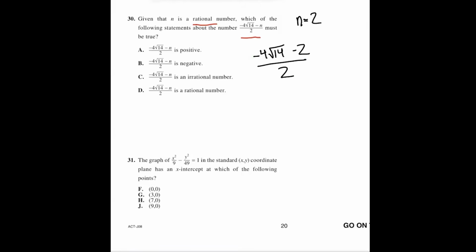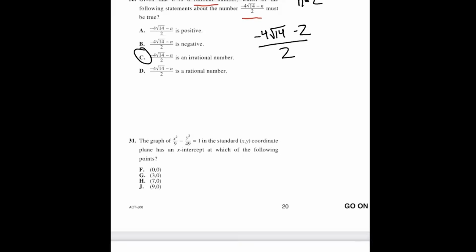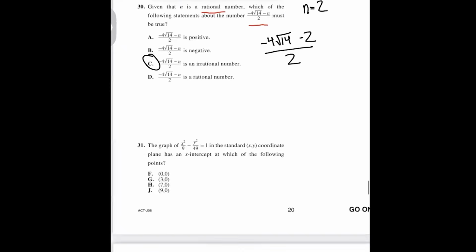When you put it in your calculator, because you have that square root of 14, you are going to have a crazy decimal. That's going to be a decimal that's not repeating. So in number 30, the answer is going to be C. It doesn't really matter what number you plug in, but knowing what a rational number and an irrational number is going to be the key.